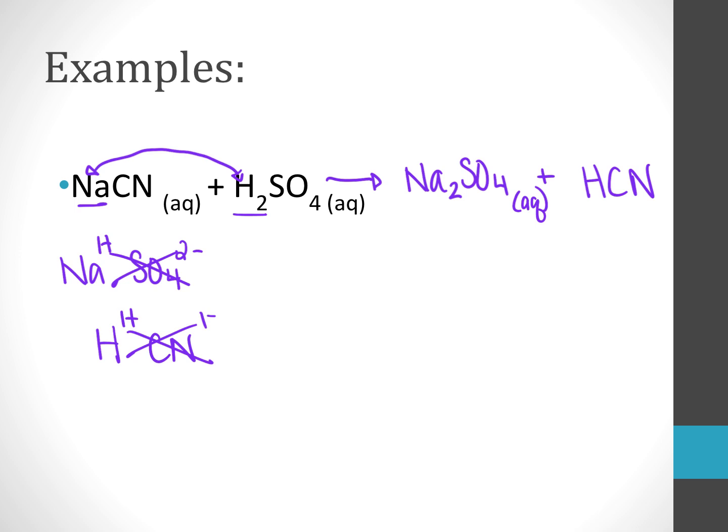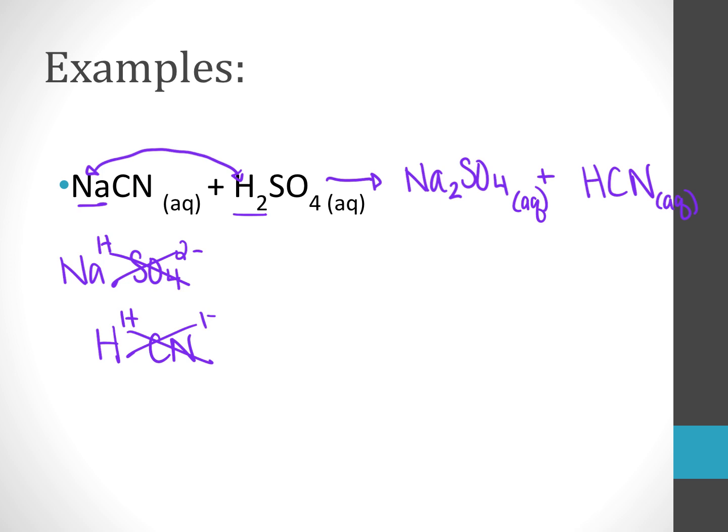What row is hydrogen in? The second column? How many rows down is hydrogen? Second. Okay, second row. Does it matter what hydrogen is bonding to? Does it matter what's its solubility? Soluble. Okay, soluble, so what are you going to write? AQ. Okay, AQ.